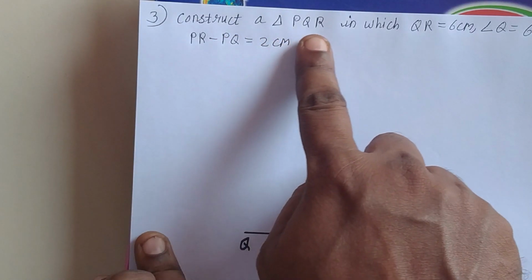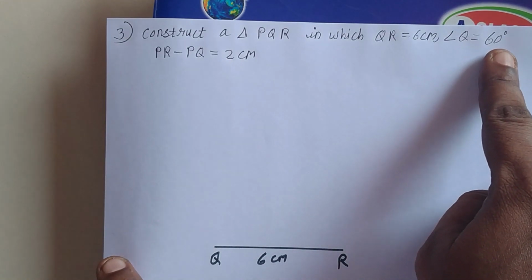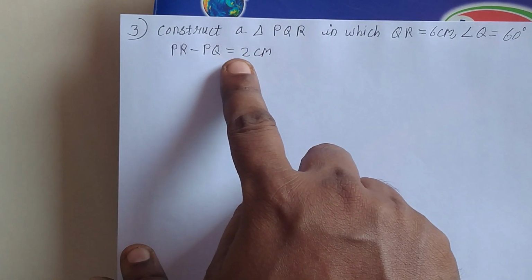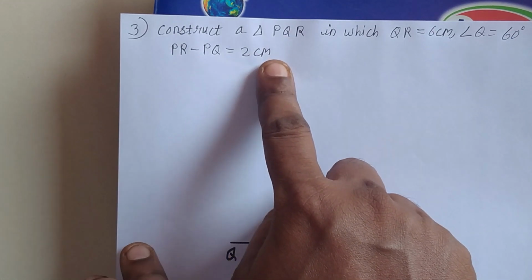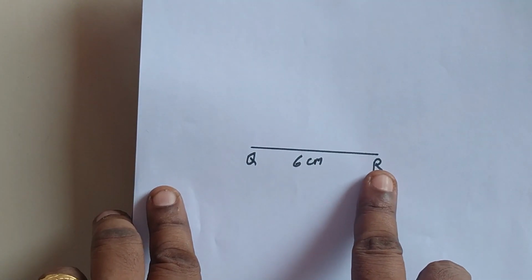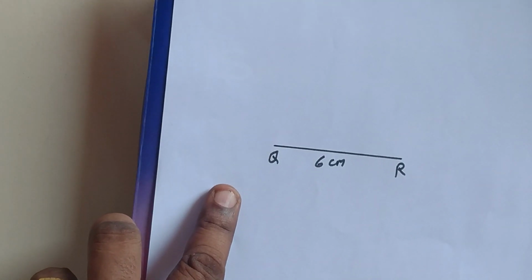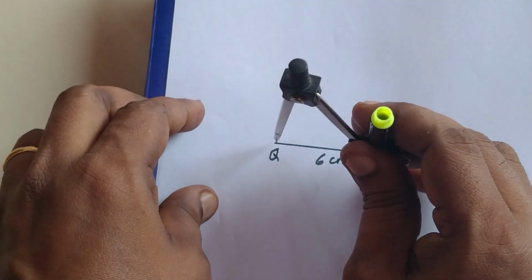Okay. Question third, student, construct a triangle PQR in which QR is 6 centimeter and angle Q is 60 and PR minus PQ is 2 centimeter. Okay. Now here QR is 6 centimeter, so already I have drawn QR 6 centimeter and angle Q is 60. So here you will draw 60-degree angle.